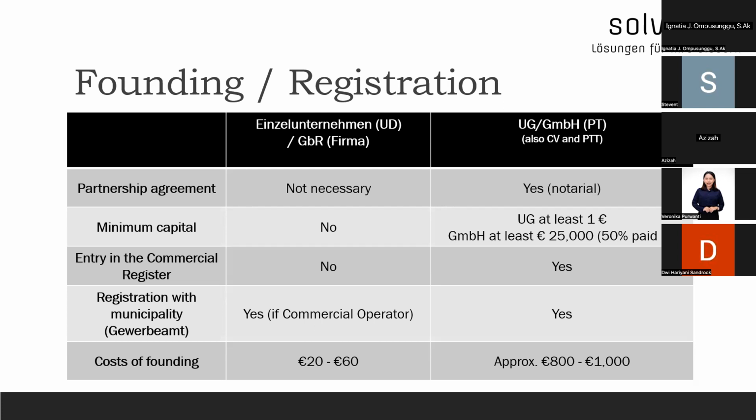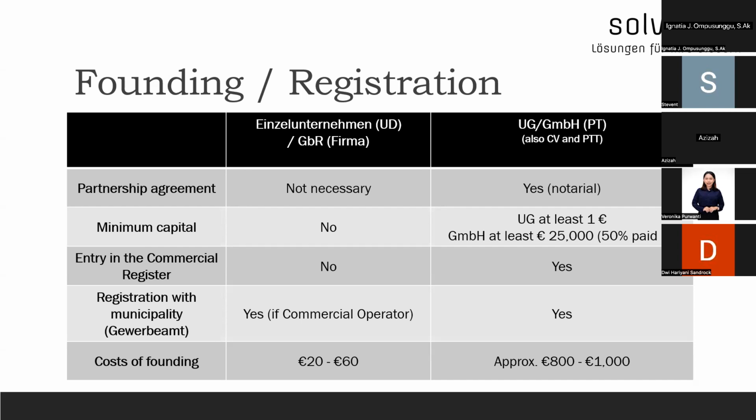Of course, as you can see, the UG, the so-called Unternehmensgesellschaft, is a small GmbH, you could say, with mostly the same regulations, but you can found it with just €1. But you have other regulations.